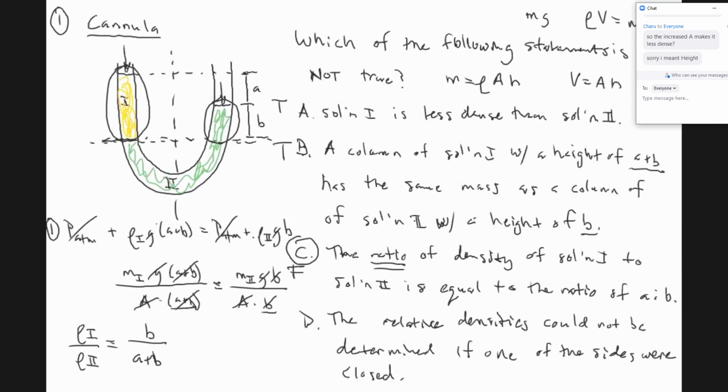We're just measuring the balance of weight, right? Because what is pressure? Weight per cross-sectional area. Does that make sense? And that shows that if I require more height or volume, that means my liquid is less dense.